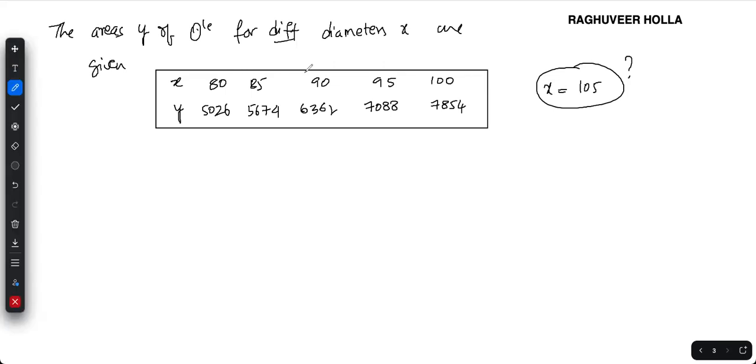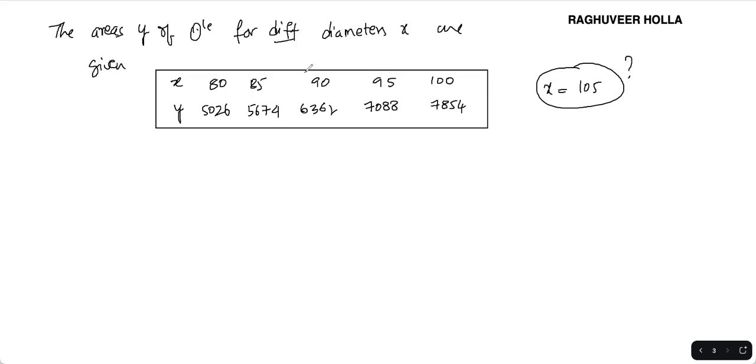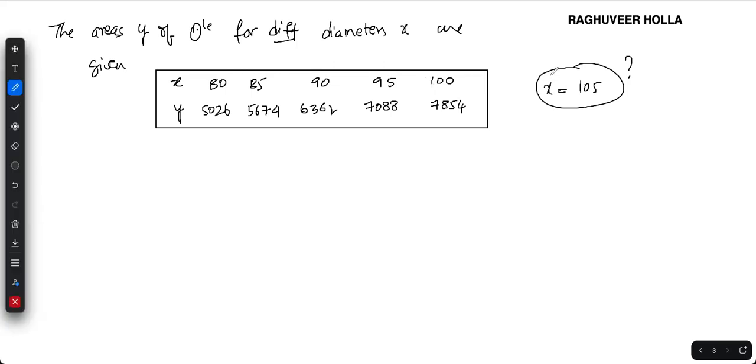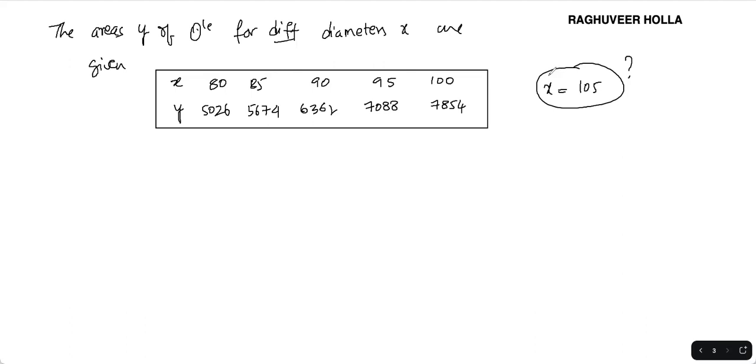And as you can also see, the required value is beyond this. So we'll be using Newton's backward interpolation formula. Since it is going outside the given range of x, we can also do this by extrapolation, right? So we're using the backward interpolation formula.